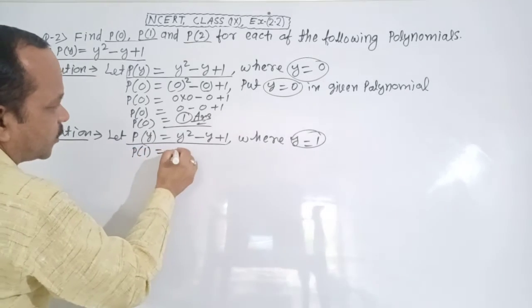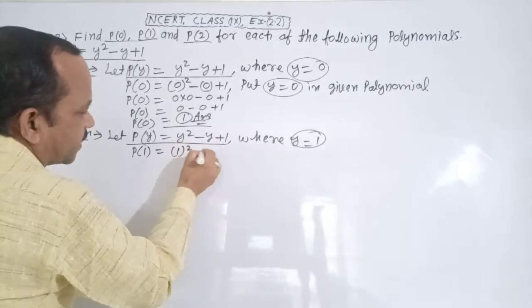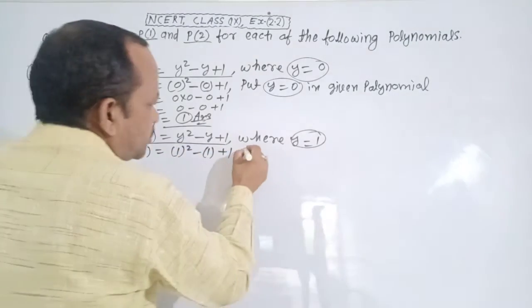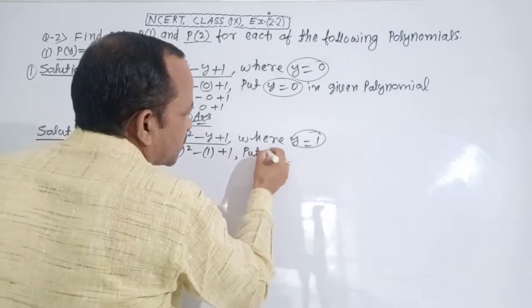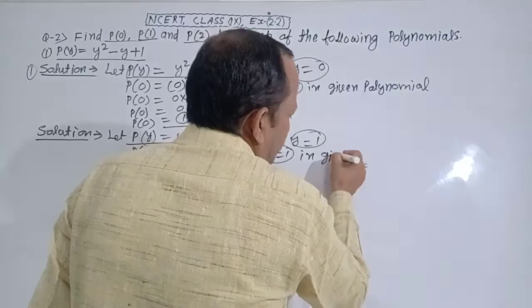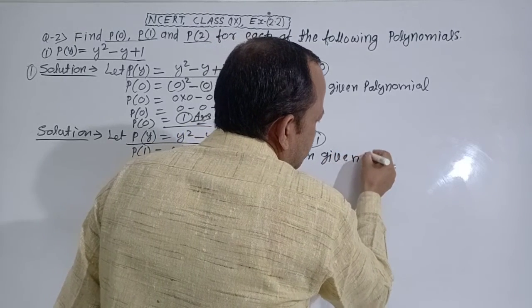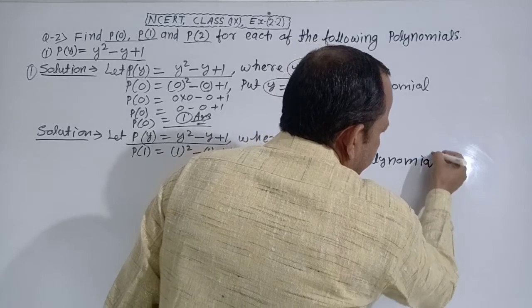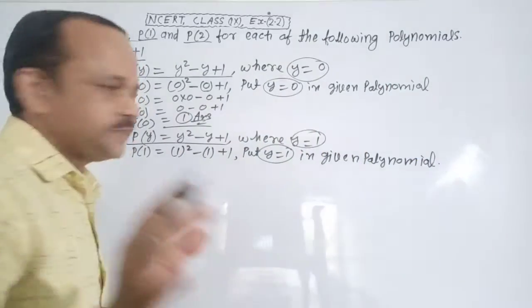P(1) equals 1 square minus 1 plus 1. Put y equal to 1 in the given polynomial. Clear?